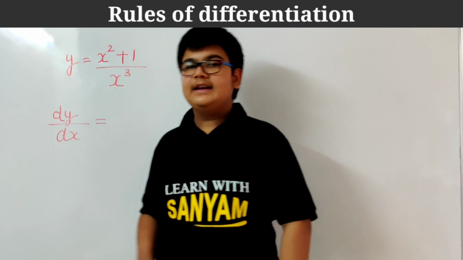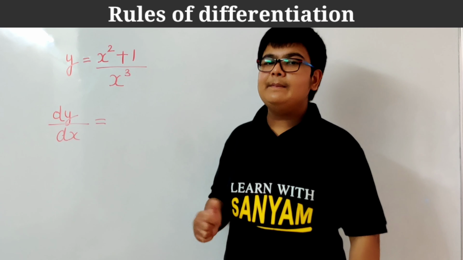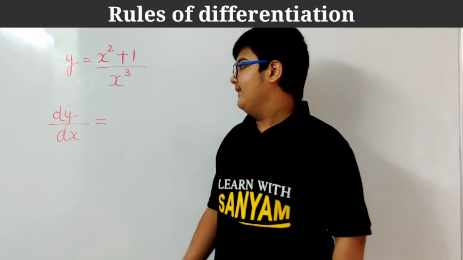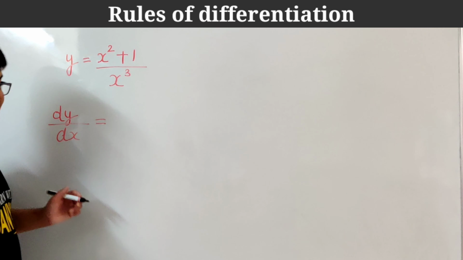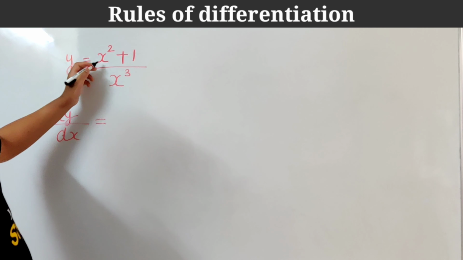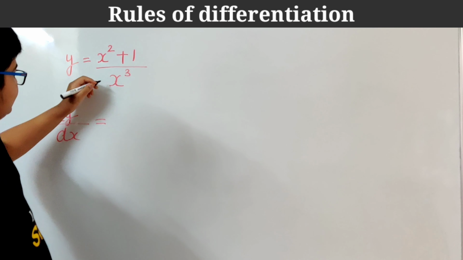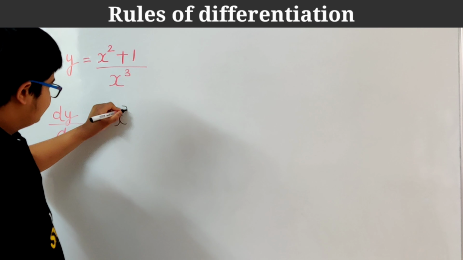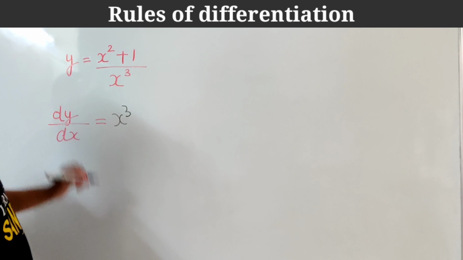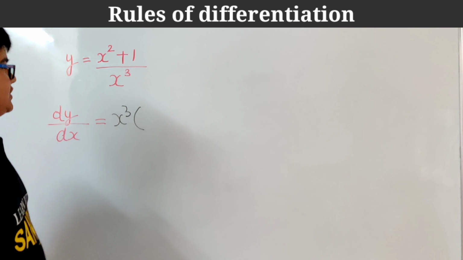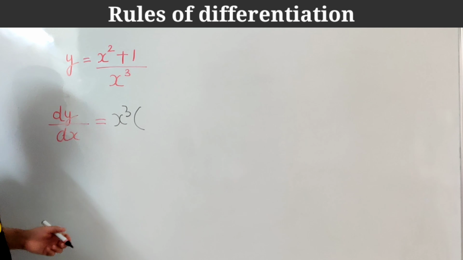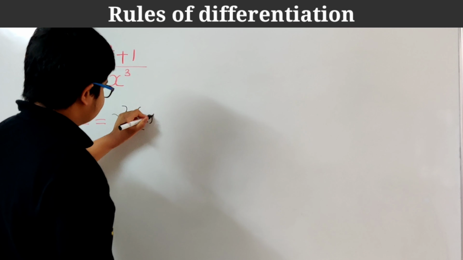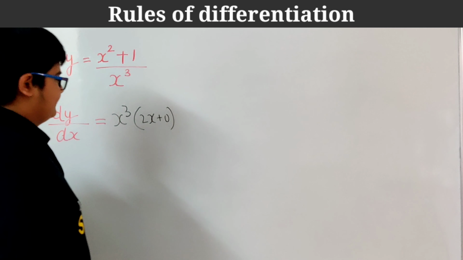In this question we are given y is equal to x square plus 1 upon x cube, and we have to find dy upon dx. So the first step is that we will take the second function, that is x cube, the one in the denominator, and differentiate the first. So differentiation of x square plus 1 will become 2x plus 0.